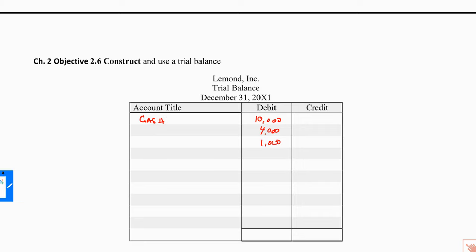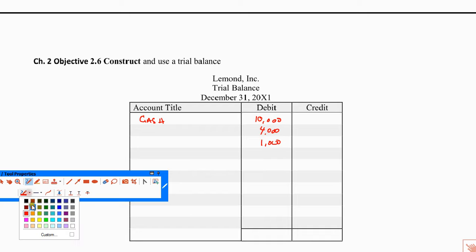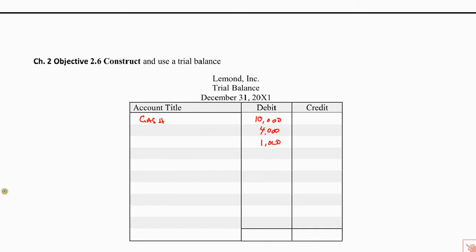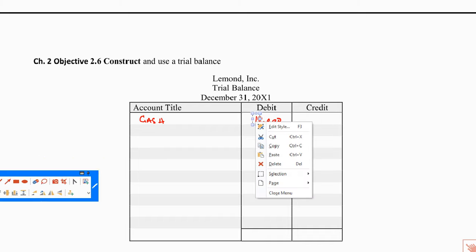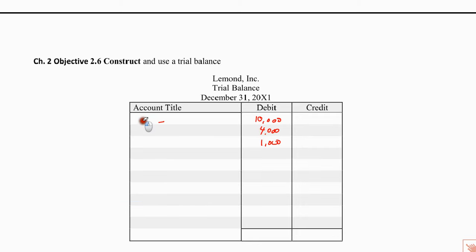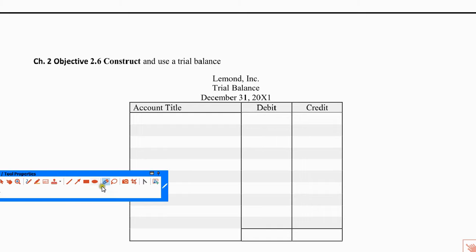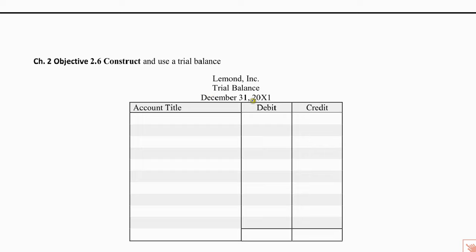Red in accounting means a loss, so I'll use blue instead. If you ever hear people say we're in the red, that means you're losing. You're in the black, it means you're making money. So I guess I should be using a black pen, but I wanted to stand out a little bit.